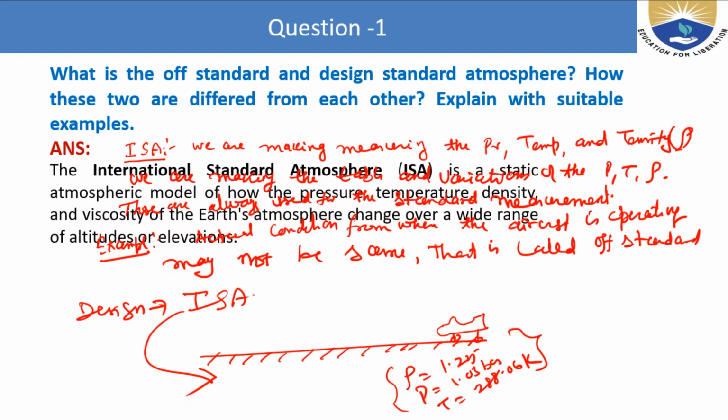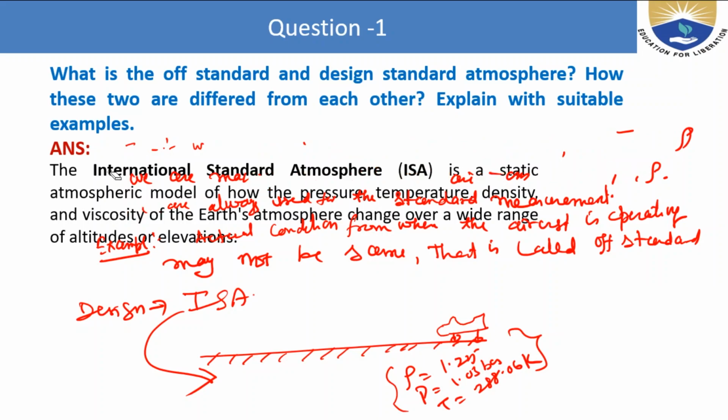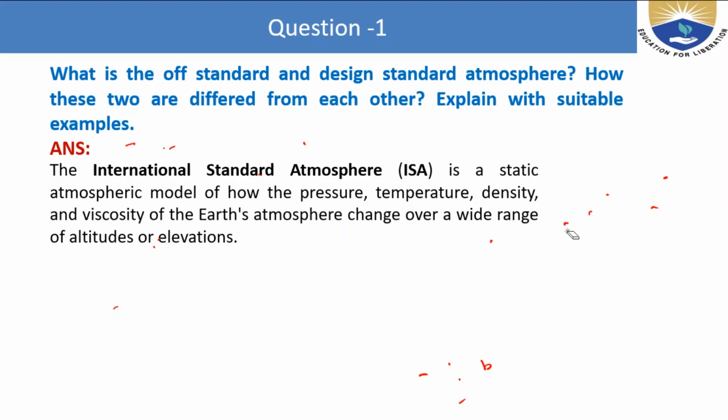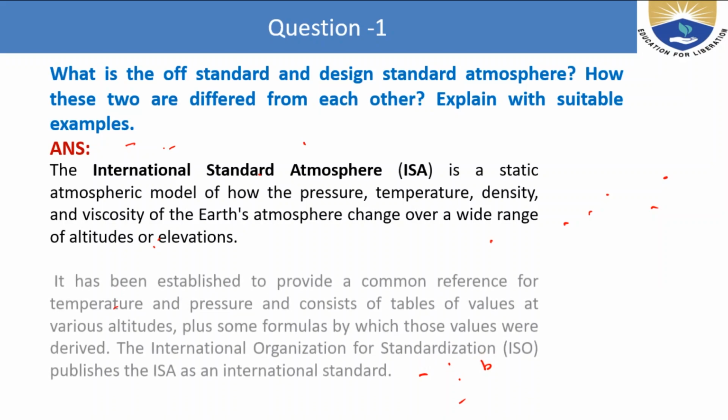We can further see here that the International Standard Atmosphere is a static atmospheric model of how the pressure, temperature, density and the viscosity of the Earth atmosphere changes over a wide range of altitude or elevation.